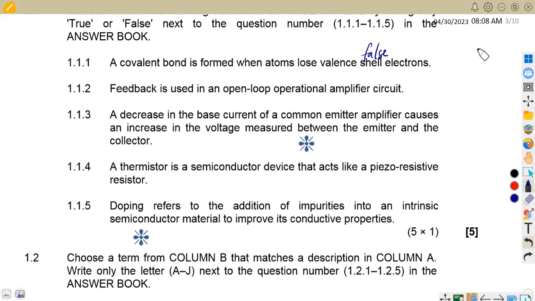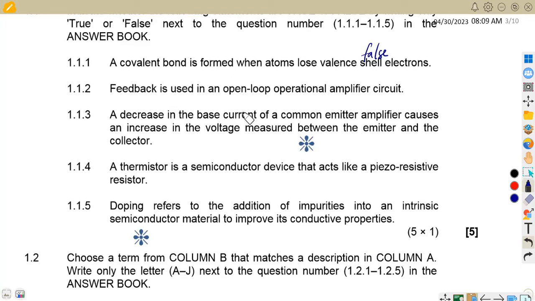A covalent bond is a combination of two different atoms, which you then combine electronically, depending on the type of bond that you are using, which is different from the loss of valence electrons.